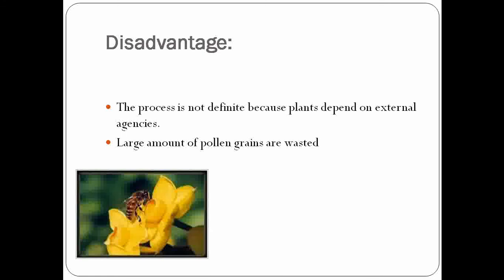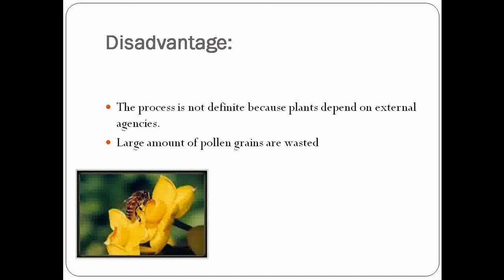So the flower produced by a cross-pollinated plant should be very attractive. Then it should produce nectar, otherwise the insect cannot sit to collect the nectar. Then the flower should produce a particular type of fragrance.